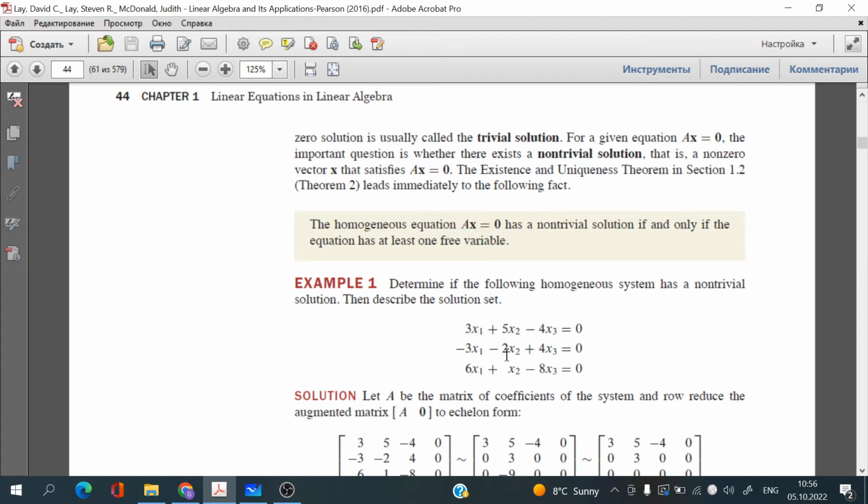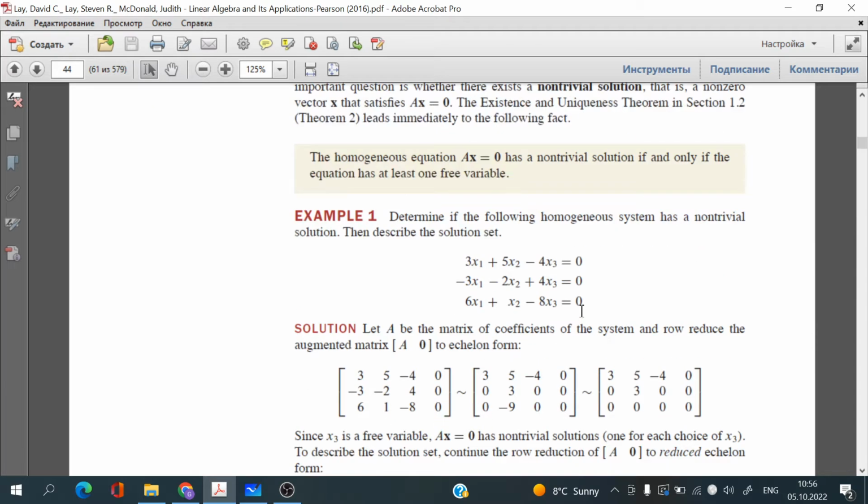The linear equations are given right here. Let's construct the augmented matrix. You know already: you just write the coefficient matrix and add zeros, the corresponding values. In this case it's 0, 0, 0, 0.